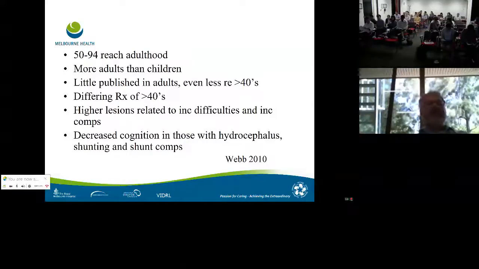We tend to think of it as a disease of children or a condition of childhood. It's really not the case these days because of the greater survival. There's been an explosion in the last few years of published papers regarding adult spina bifida, but there's relatively little even now in the over 40s, and this is becoming quite a significant group to deal with.